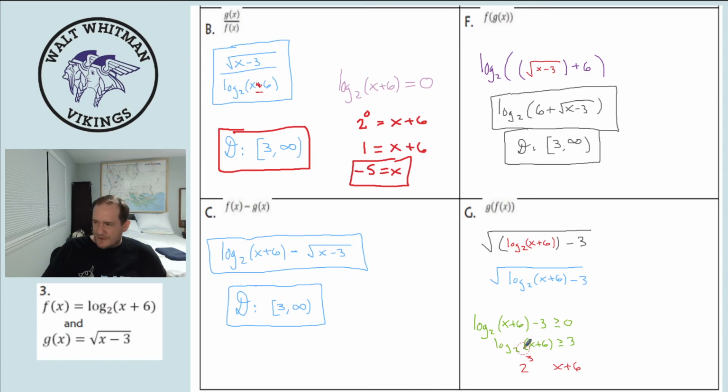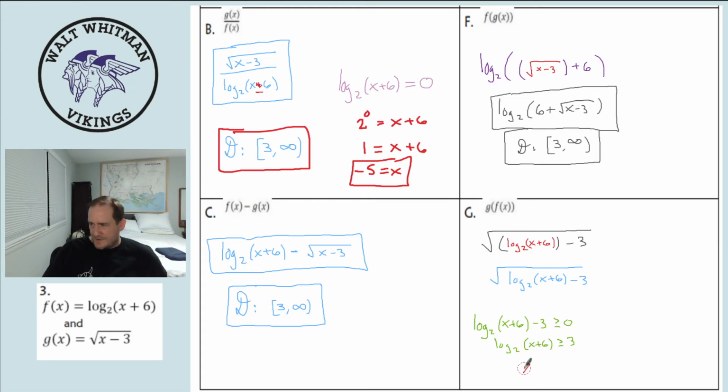If we want the log to be bigger, then we would want the stuff in parentheses to be bigger. I'm saying that only because I know it's true. I don't think that is actually a helpful thing as far as helping you understand, but that's okay.